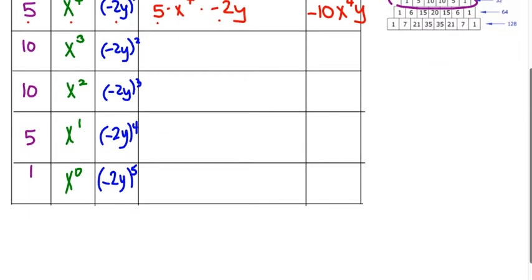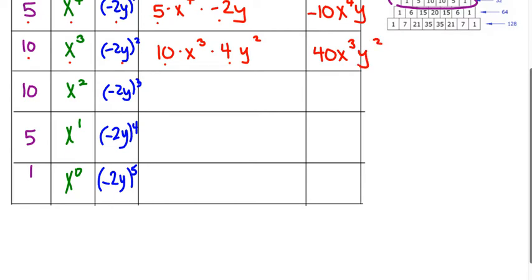Next one, we have 10x cubed, so 10 times x cubed. And now this is negative 2y times negative 2y, so negative 2 times negative 2 is positive 4, y times y is y squared. Now we go ahead and multiply those terms together. 10 times 4 is 40, x cubed, y squared.